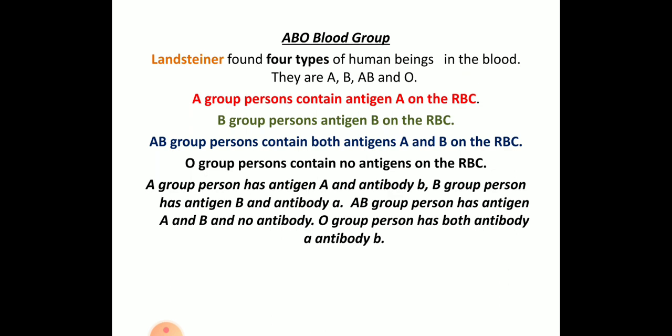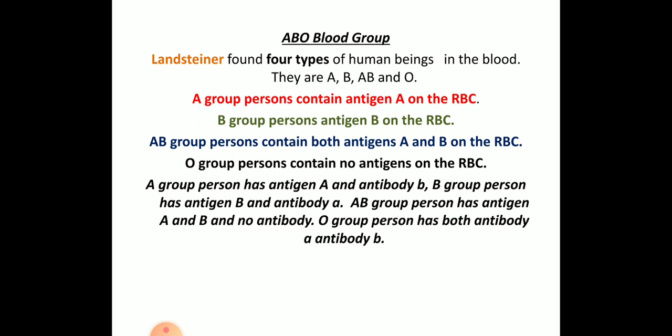First we'll see the ABO blood group. Landsteiner was the person who found 4 types of human beings according to blood groups: A, B, AB and O. When you take the A blood group, they contain antigen A on their RBC, and the B group contains antigen B on their RBC.